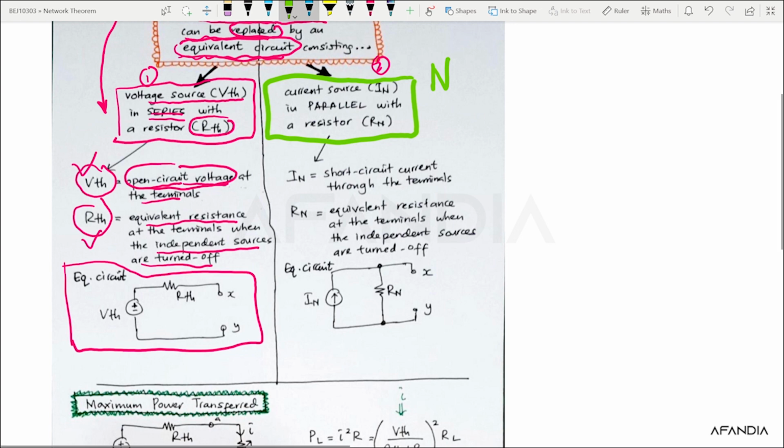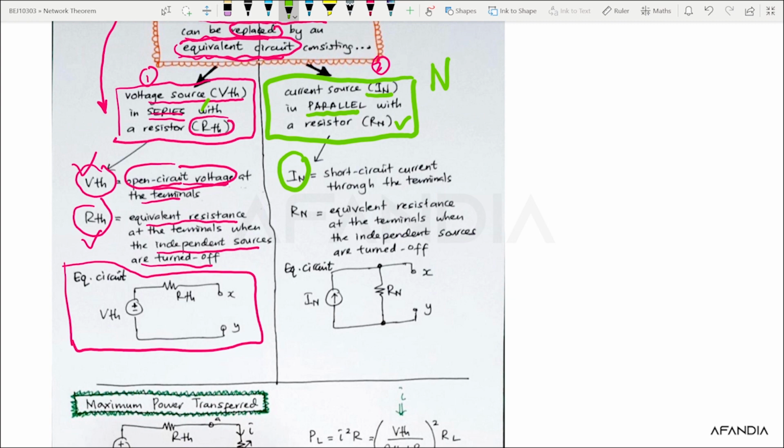Norton. So what about Norton? Norton, you have IN over here, which is your current source. If VTH is about voltage source, IN is about current source. Norton is about current source, and it is in parallel with your resistor, which is your RN.